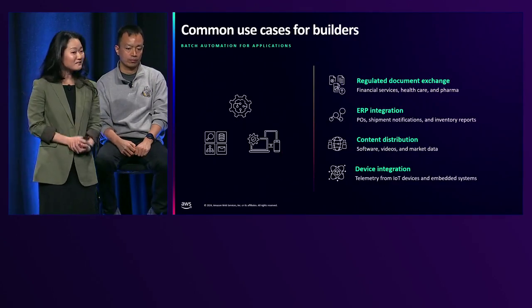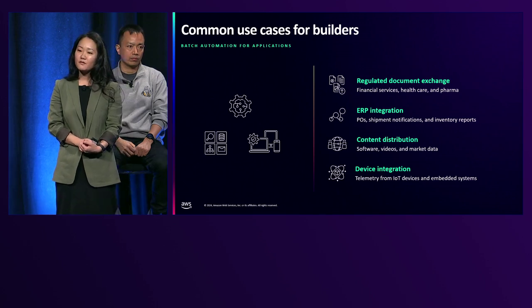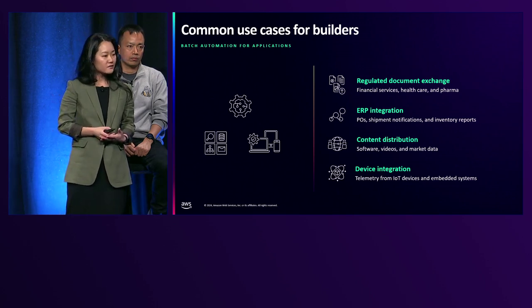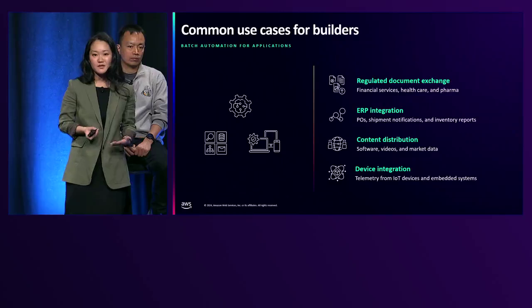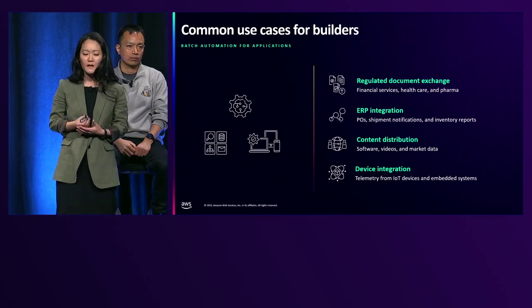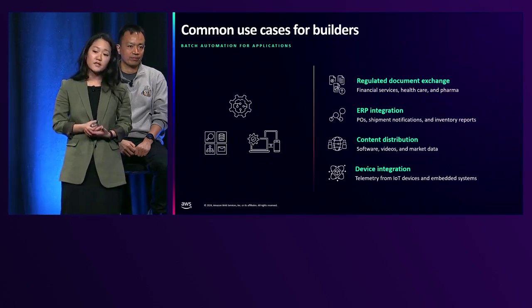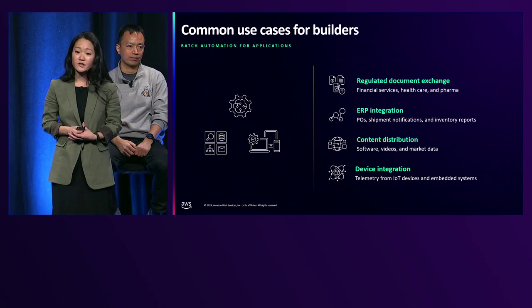And this has been great. We've heard really great feedback from you all about how you use Transfer Family for your batch file transfer and application use cases. Some common use cases we've heard include, if you're in industries that deal with highly sensitive information, using Transfer Family for regulated document exchange.